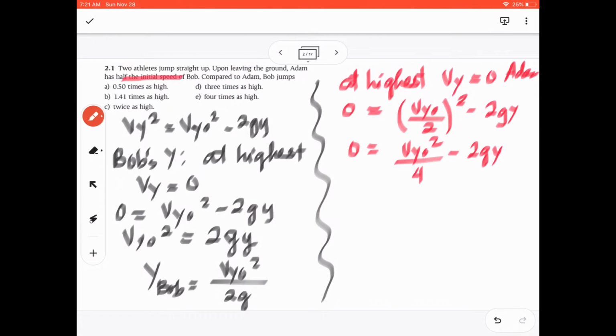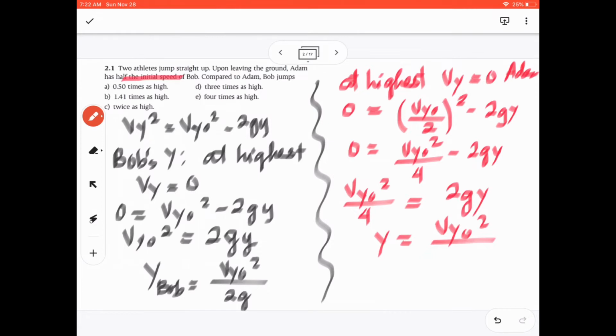Now we're going to put it on the other side. Both of them will be negative and they will cancel out. So Vyo squared over 4 is equal to 2gy. Now we need y for Adam. y is equal to Vyo squared divided by 2g, and then there's 4 over there.